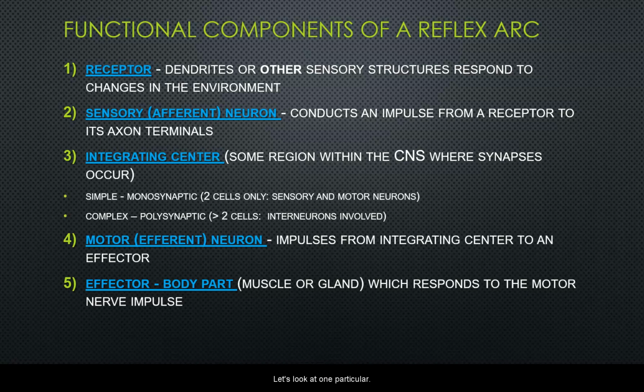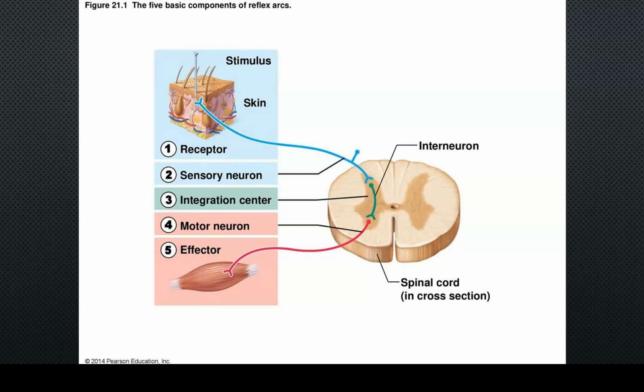Now let's look at one particular example. So let's say that in the skin, this looks like a nail through the skin, but let's say it's either a damage, a mechanical damage, or a heat. So the sensory receptors in the skin will sense either extreme temperature or some kind of damage in the skin, and they understand that this is going to be tissue damage happening.